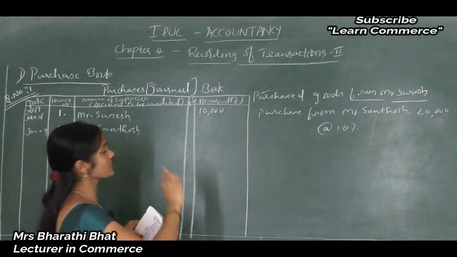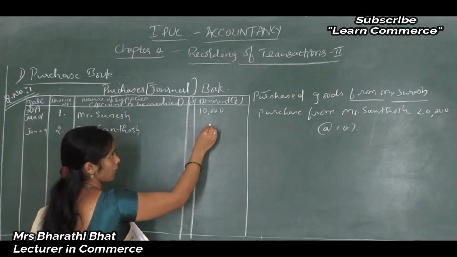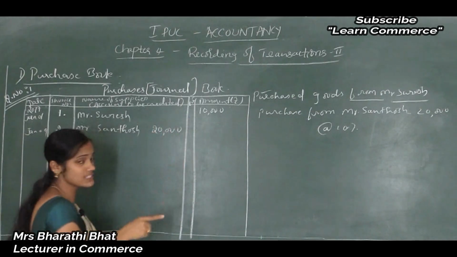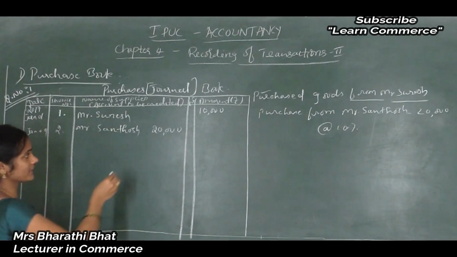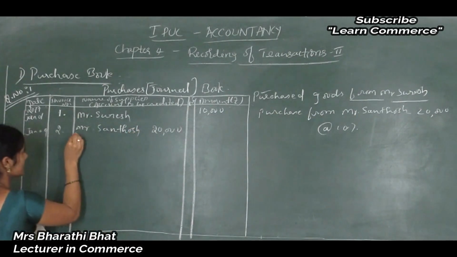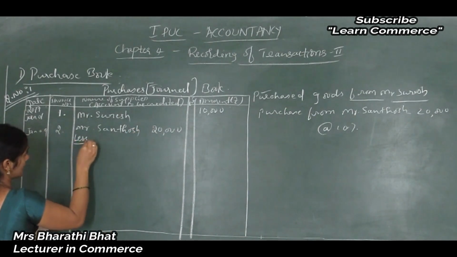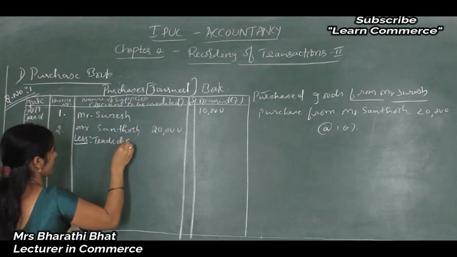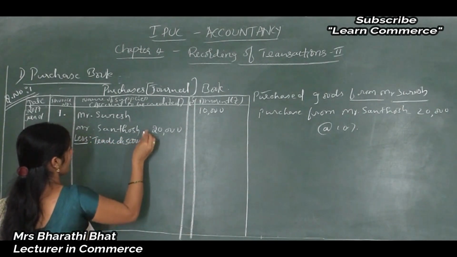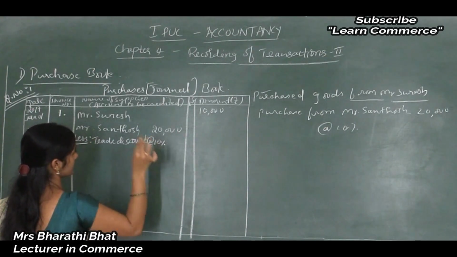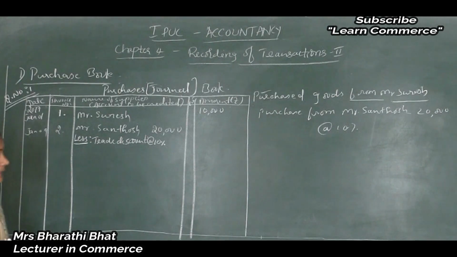See, the next one, January 9, Mr. Santosh, rupees 20,000. We cannot write the amount in the outer column because some calculation is there. Trade discount is allowed. So 20,000 in the inner column, and below that write less trade discount at 10%.